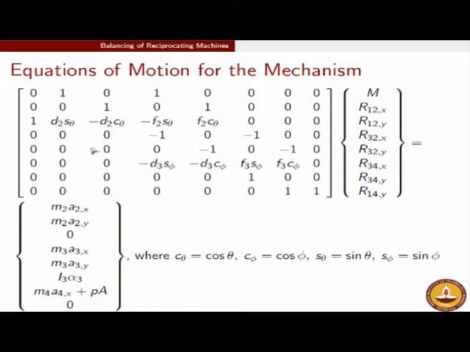So this equation of motion is valid for each theta. As time changes, theta changes, the coefficients of this matrix will change, the coefficients of the right hand side vector will change, and therefore the solution vector will also change.